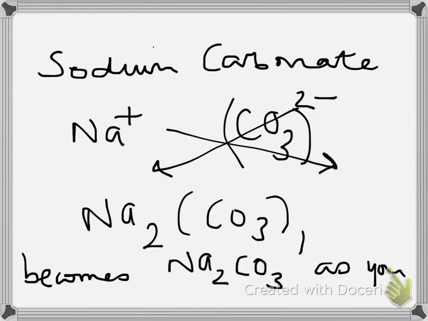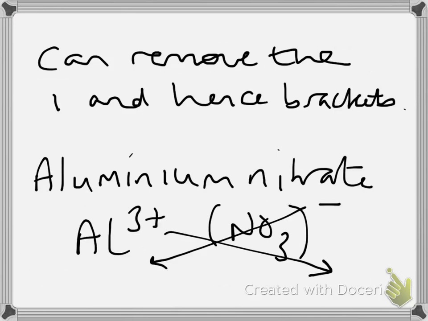Sodium carbonate also contains a complex ion, CO3 2-, so I started off by putting the brackets round. I put it with the sodium ion, used the crossover method, so we end up with Na2(CO3)1. It becomes Na2CO3, as you can avoid using the 1, and therefore you can take out the brackets as well. Another example might be aluminium nitrate, so you can see the process again.